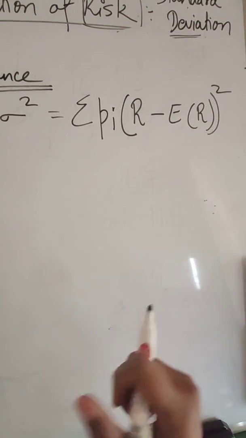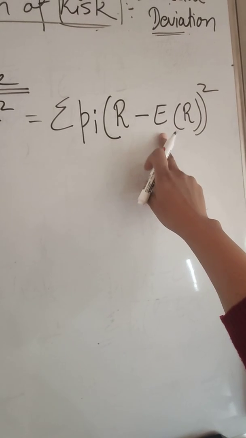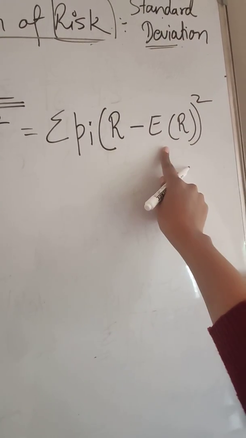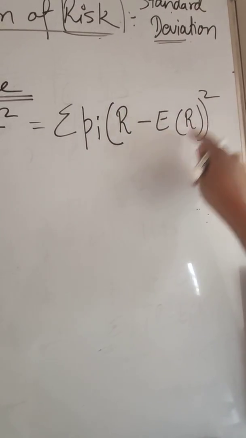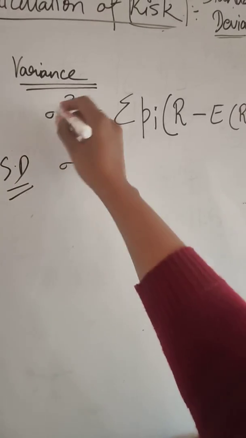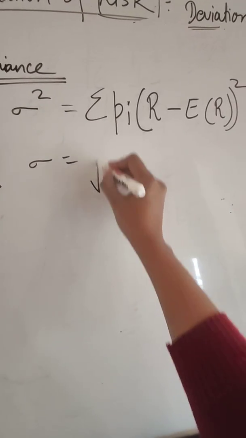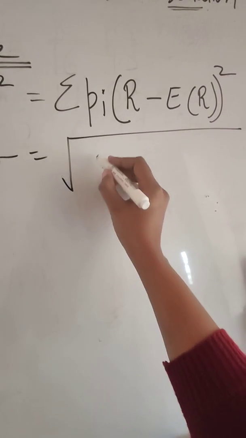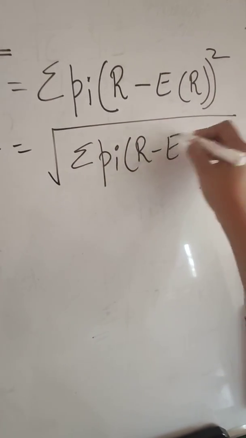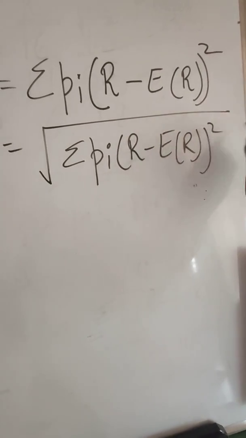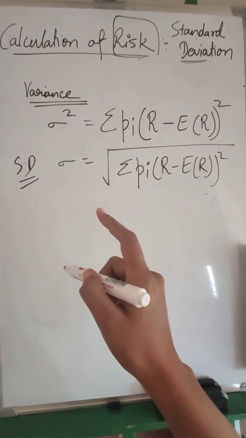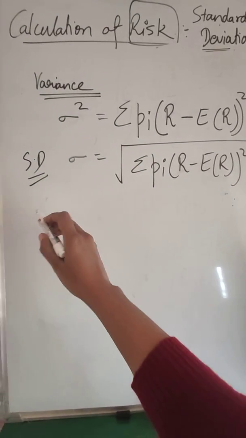Now this is the formula. Expected return, as you can see here, is the mean. So how much of the deviation is coming from the mean, and you are squaring it. And if you find the standard deviation, you will have to take a square root of the same thing. So it is the square root of sigma pi into r minus expected return, square. This is the formula for calculation of risk, or the variance or standard deviation.